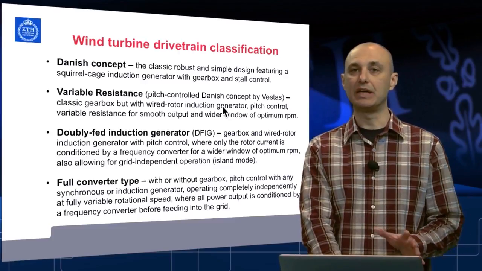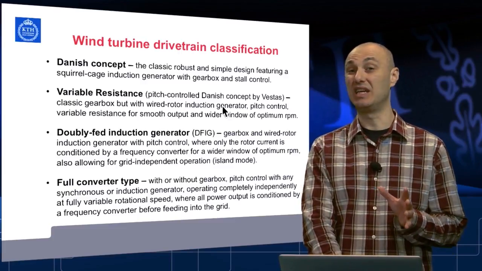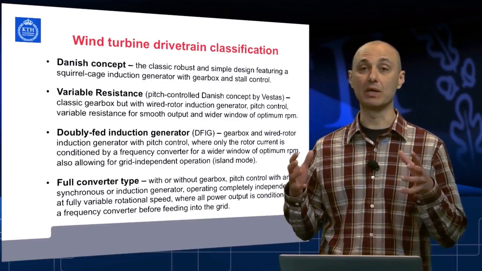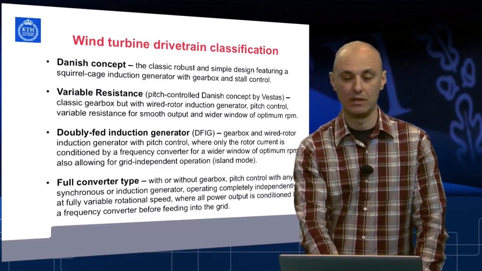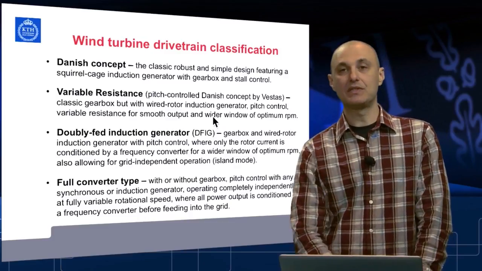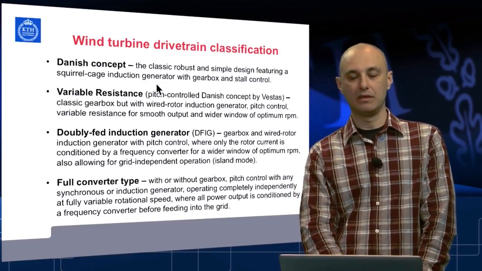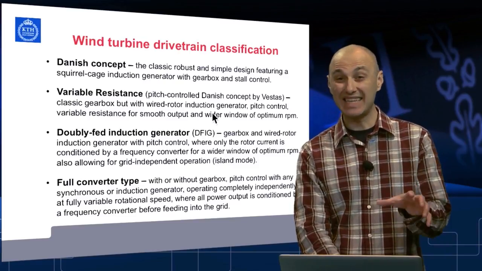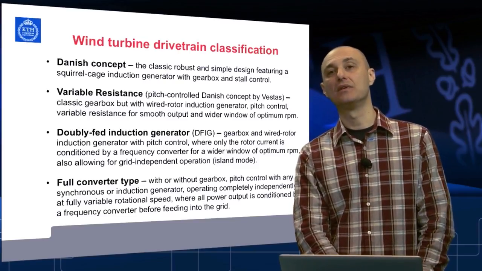The stochastical variations and harmonics in the electrical output are not desired, especially when we go to big machines. So the variable resistance concept uses a wound rotor induction generator and acts on the rotor currents to smoothen out the performance.